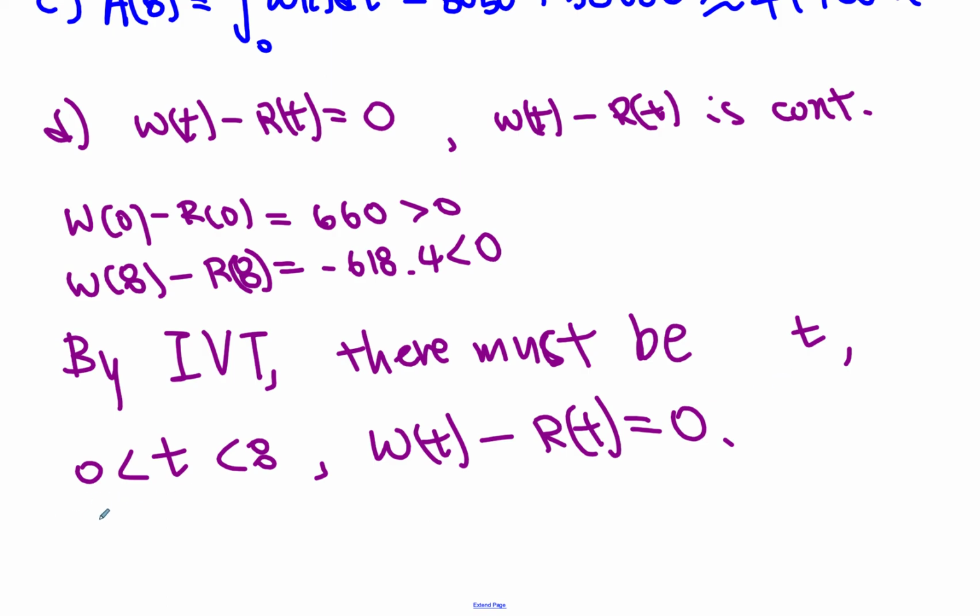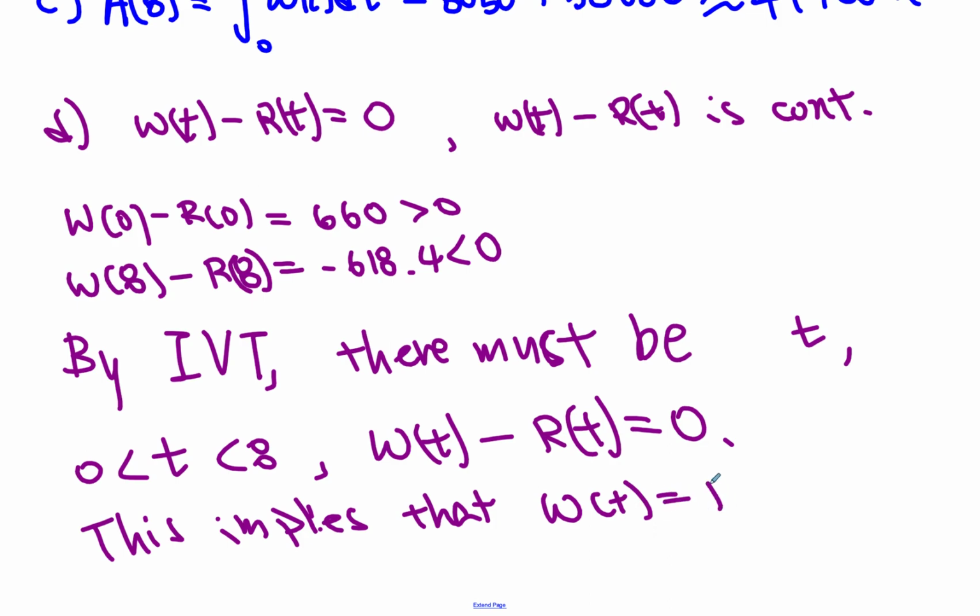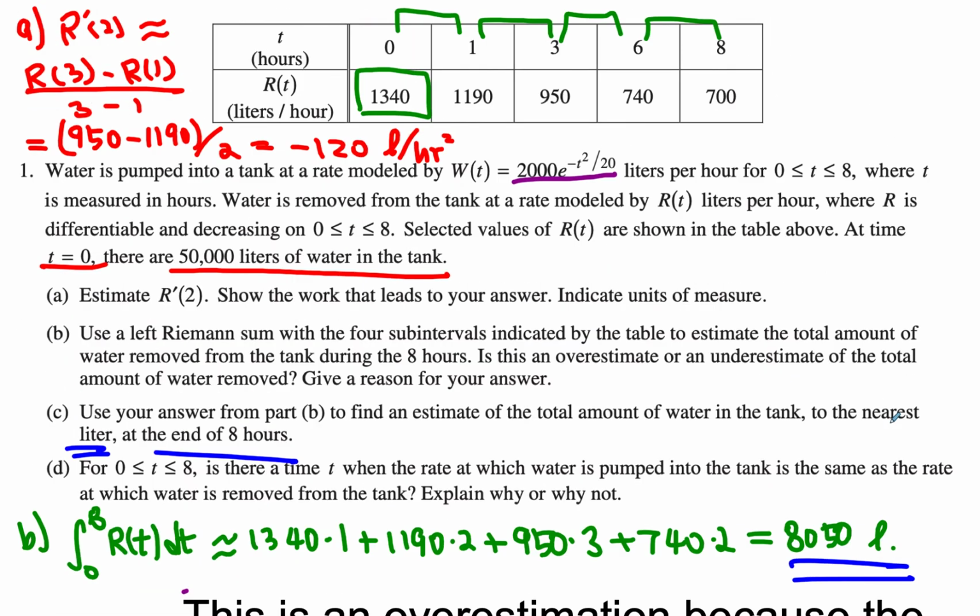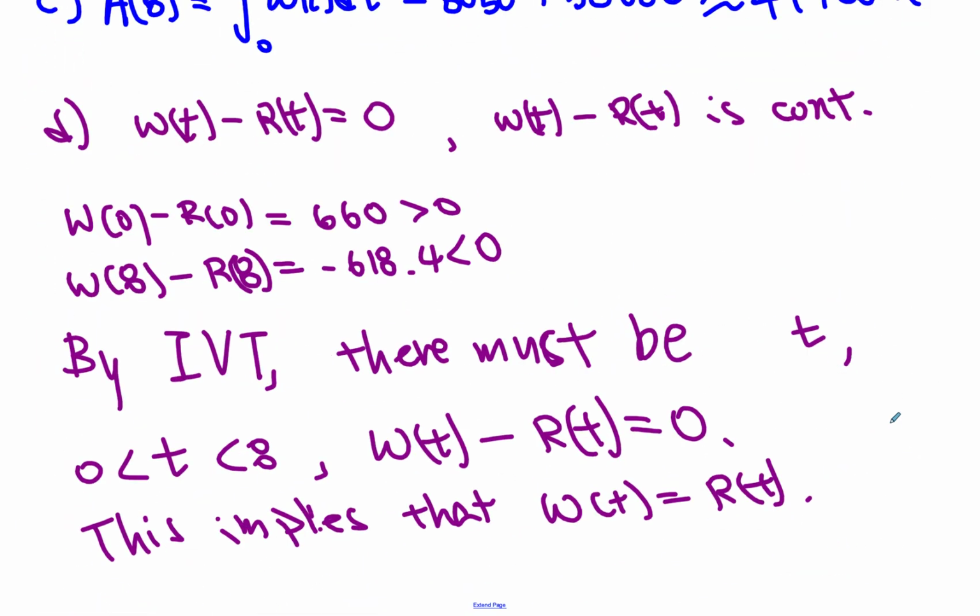Now, this implies that W of t was equal to R of t. All right, something like that would have been okay. With that one, I'm done with number 1. See you later.